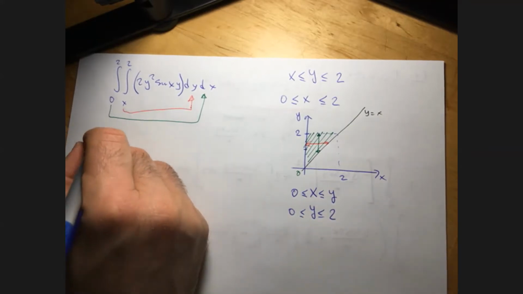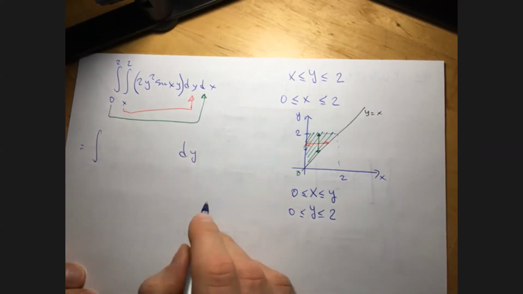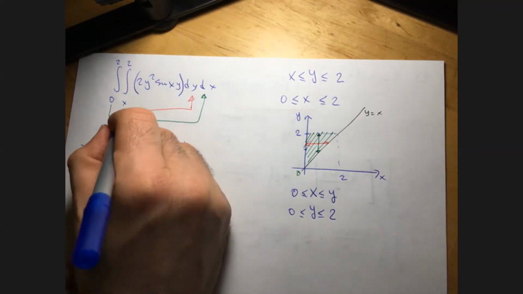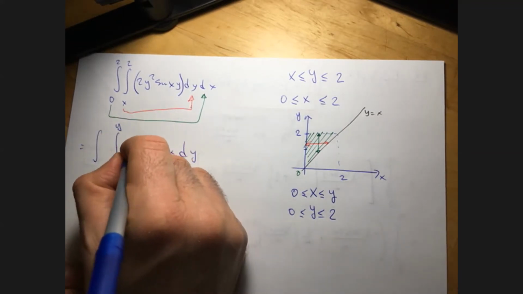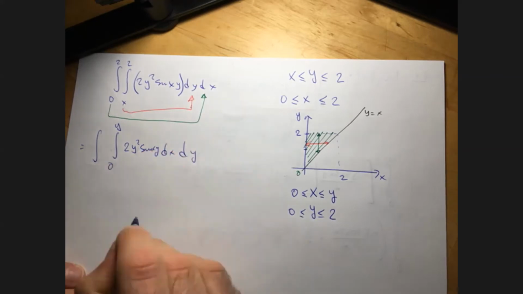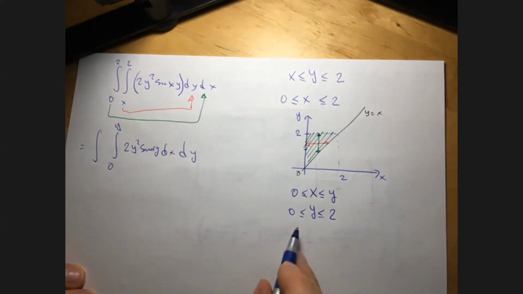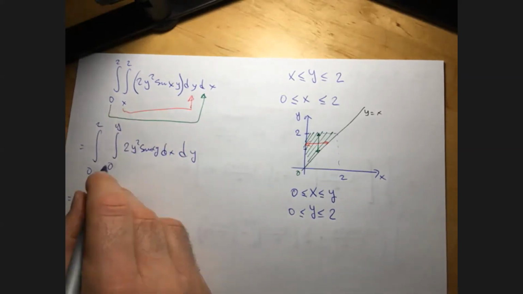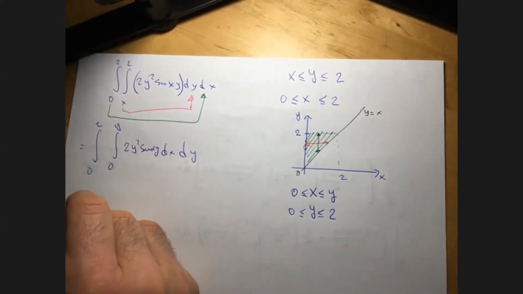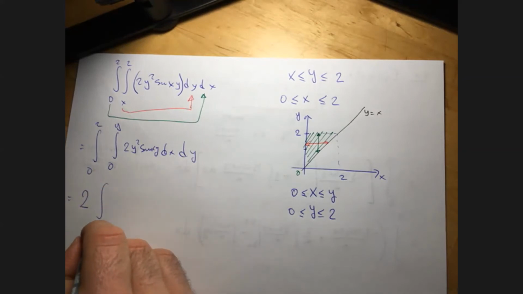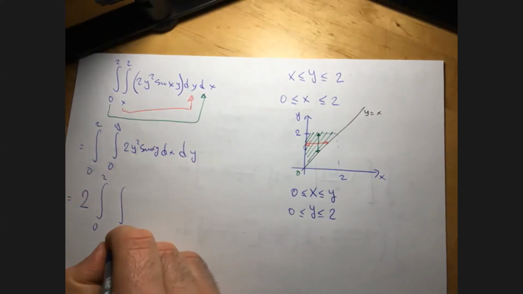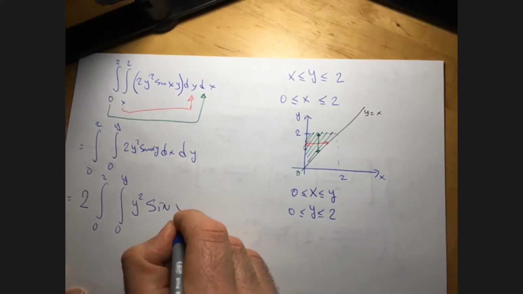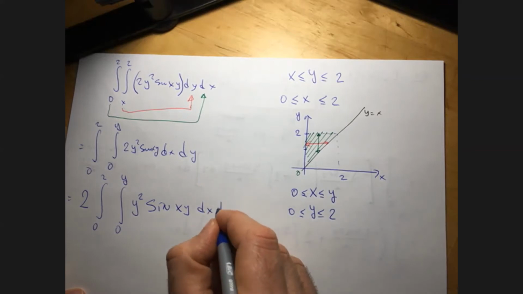So I can rewrite this as the integral, first integrating with respect to x, where x runs from 0 to y, of 2y squared sine of xy, and y runs from 0 to 2. I'm going to rewrite the whole thing a little nicer, pulling out the constant 2: 2 times the integral from 0 to 2 of the integral from 0 to y of y squared sine of xy dx dy.